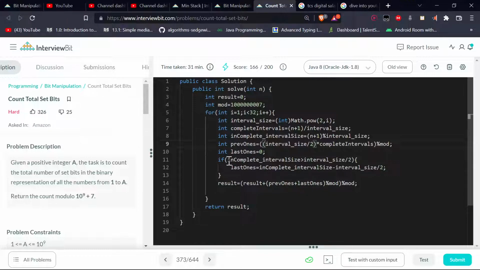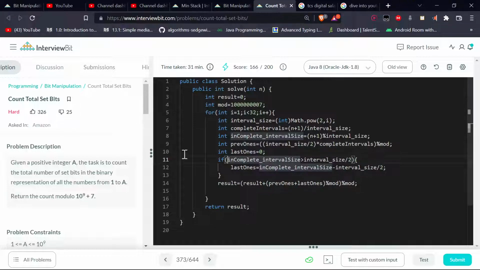Now if the incomplete interval size, calculated using that formula, is greater than interval size by 2, because until interval size by 2 there are only zeros and no ones, then we have some ones left for us.